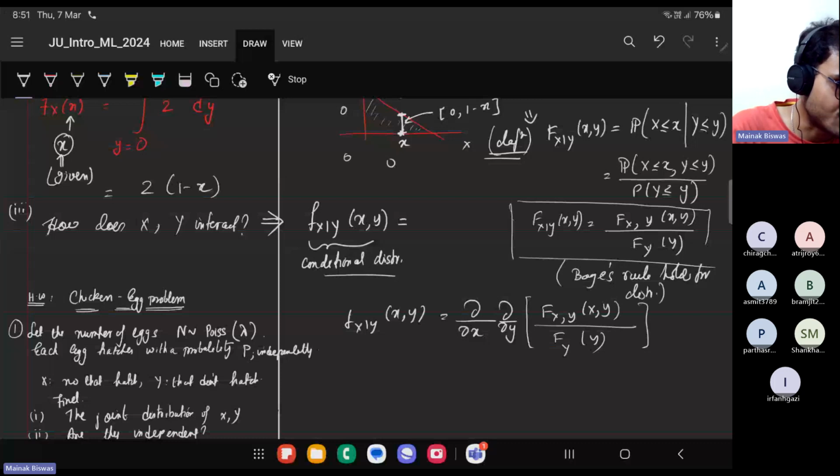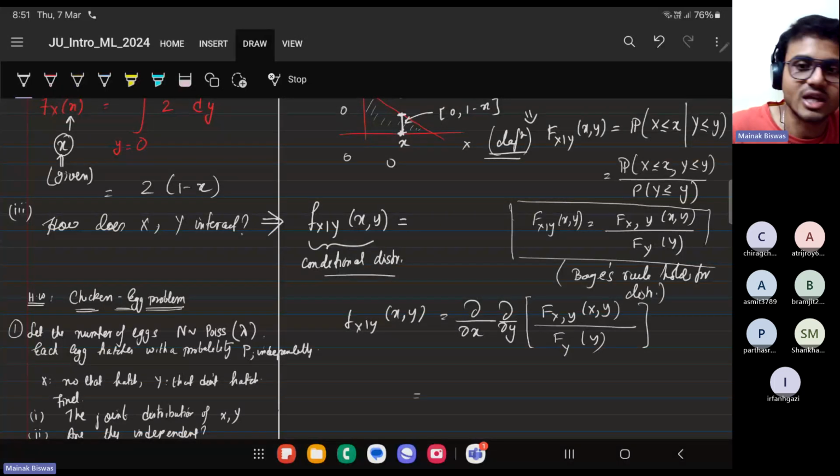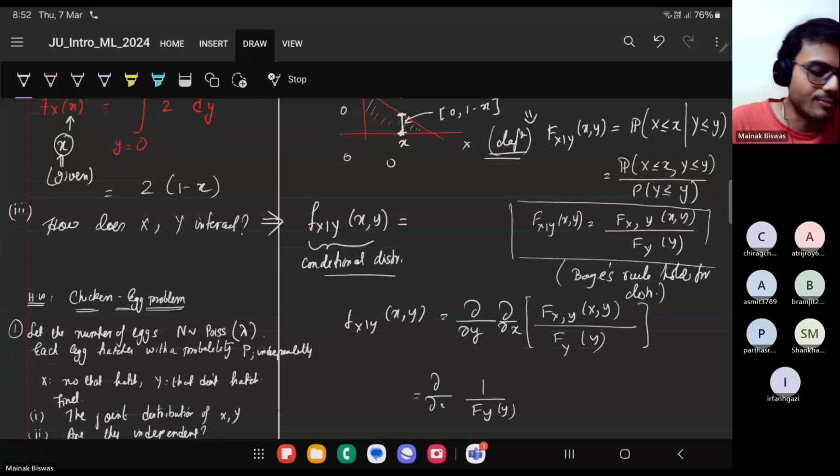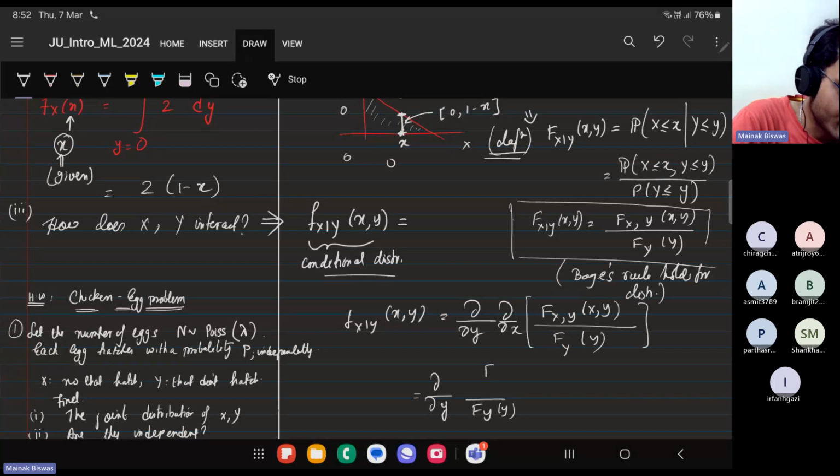If I differentiate with respect to x, which one will only change? First, let me differentiate with respect to x. The numerator will be differentiated, and the denominator will come out. So 1 by f of y will remain, and you will take the partial derivative, so one of the variables will be gone.